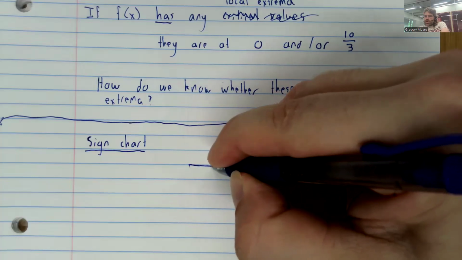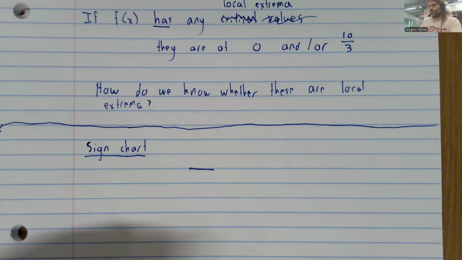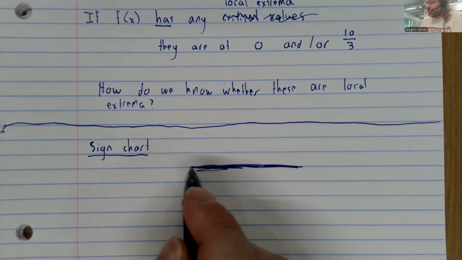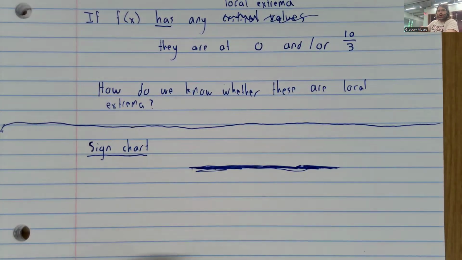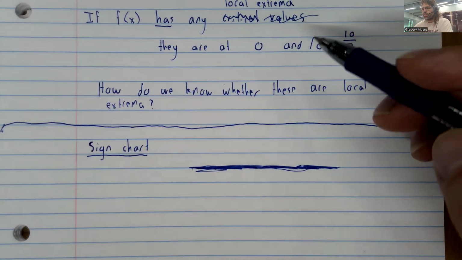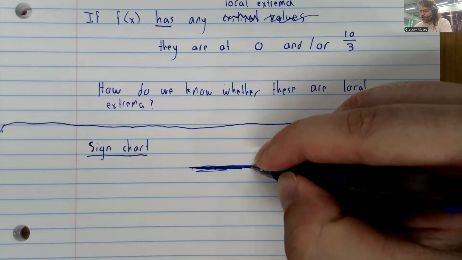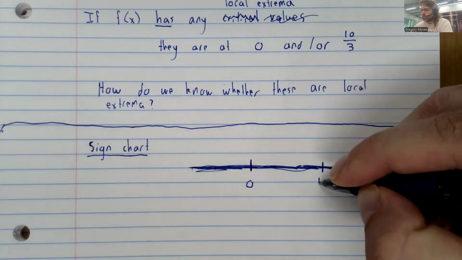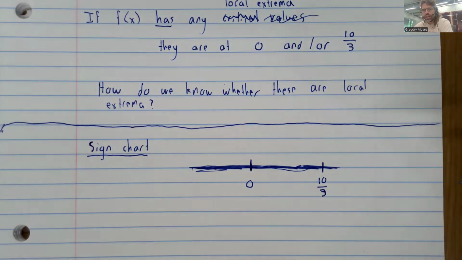So remember, a sign chart is a number line with the critical values marked off on it, 0 and 10 thirds.